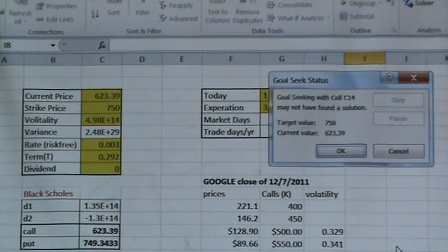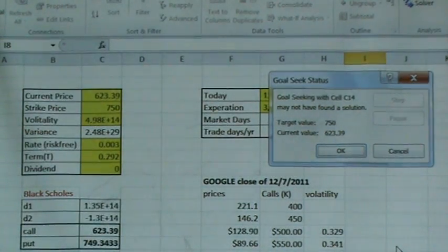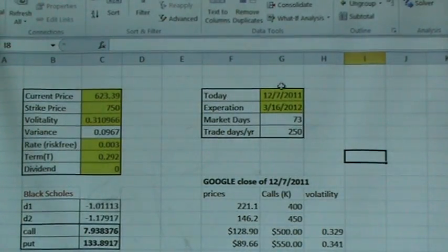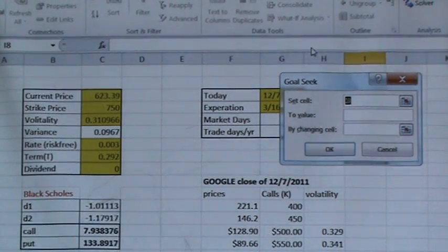Do we want the target value to be $3.70? Oh yeah. What did I put? Okay, so we want to set this cell to 3.70, by changing the volatility cell.